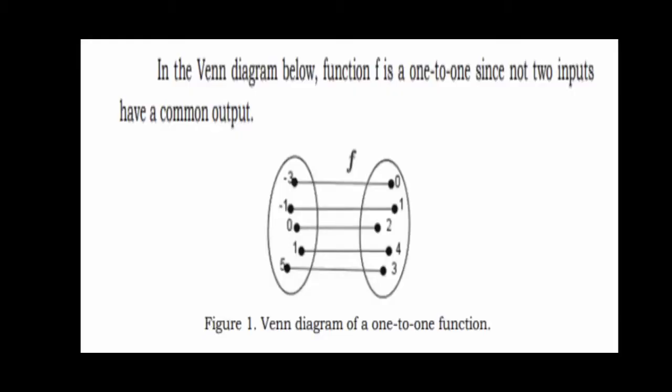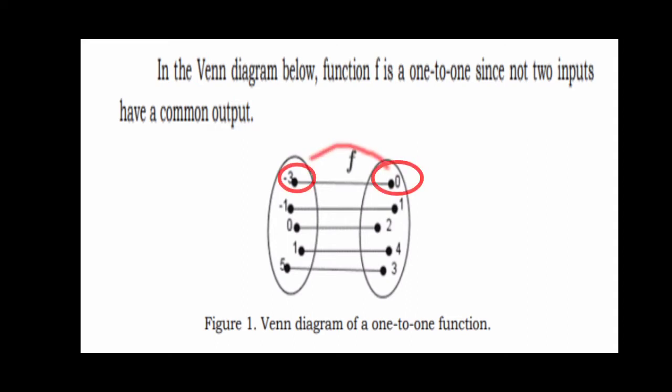In the Venn diagram below, function f is one-to-one since no two points have a common output. Let's see figure number 1 using a Venn diagram on one-to-one function. Let us study the figure below. As you can see, there is only one value going to another one value.